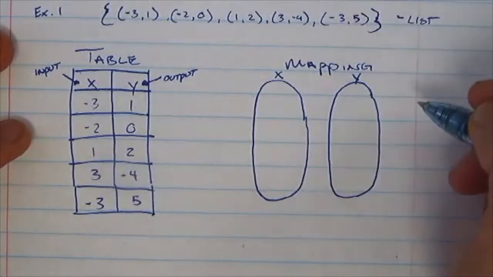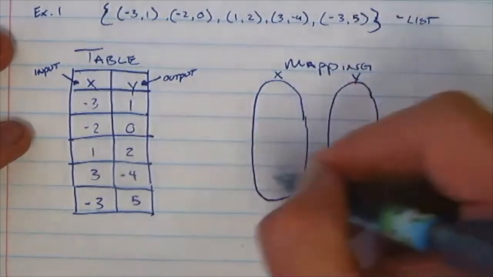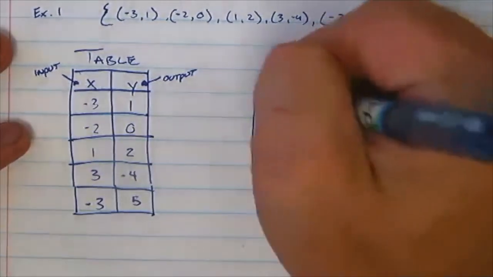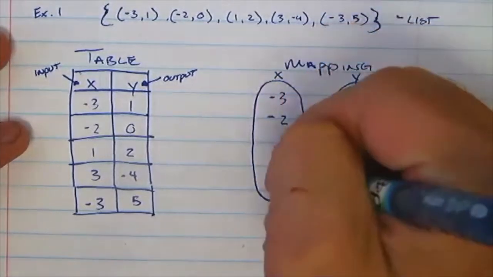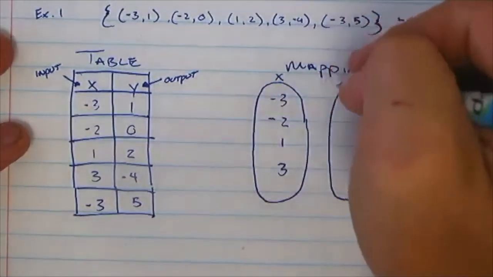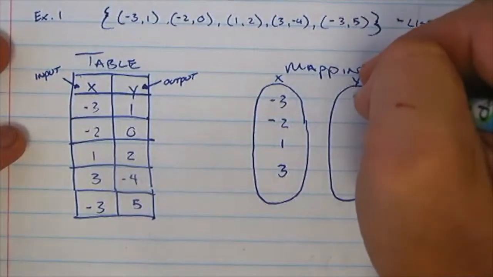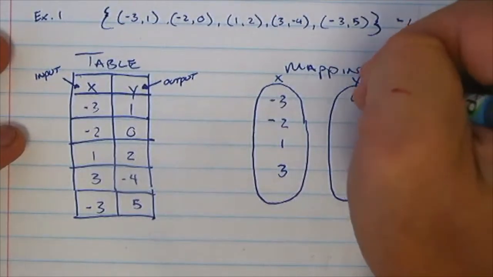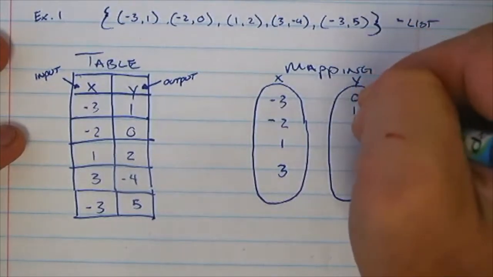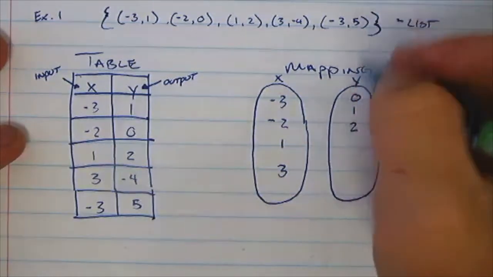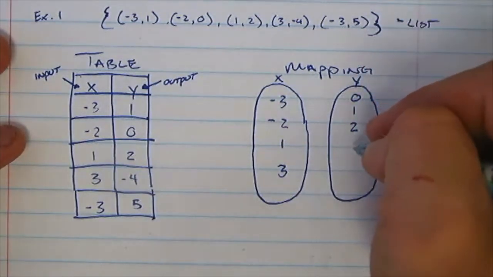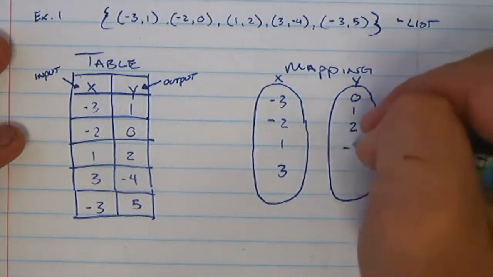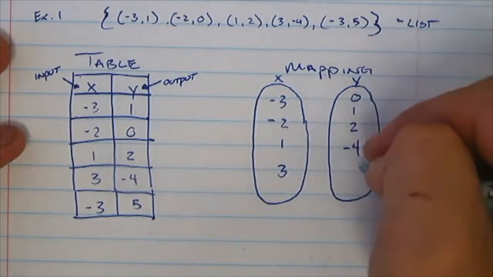Now, the difference in a mapping is you don't simply write them across from each other. You would write them least to greatest, and you would only write each number one time. Whether it appears more than once or not, we're only going to write it one time. The -4 should have gone up top.